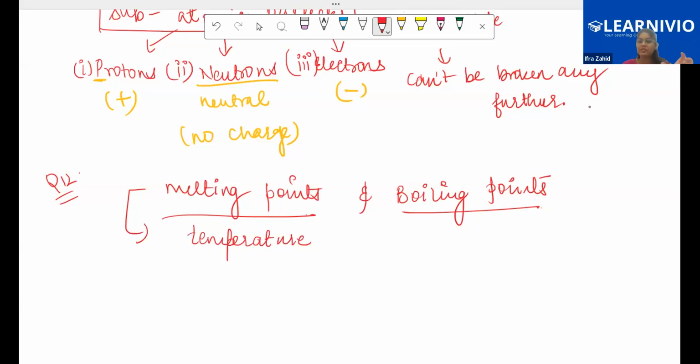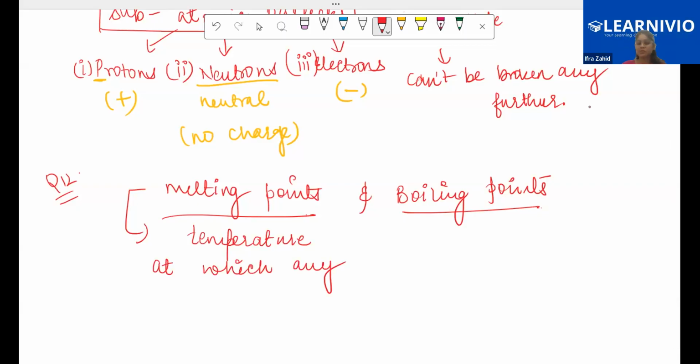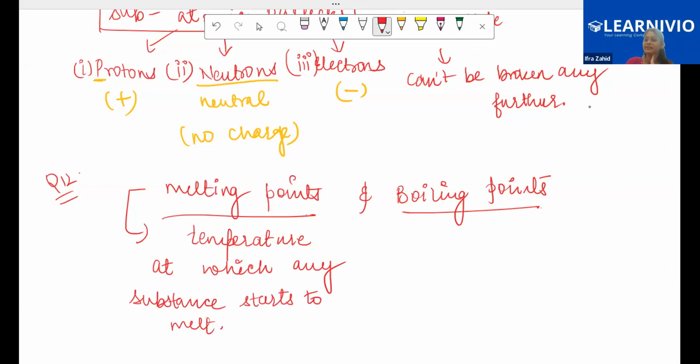The temperature at which any substance, don't specify the substance, no solid, no metal, no ice, any substance, starts to melt. Okay, that is called its melting point. Clear? Yes, ma'am.